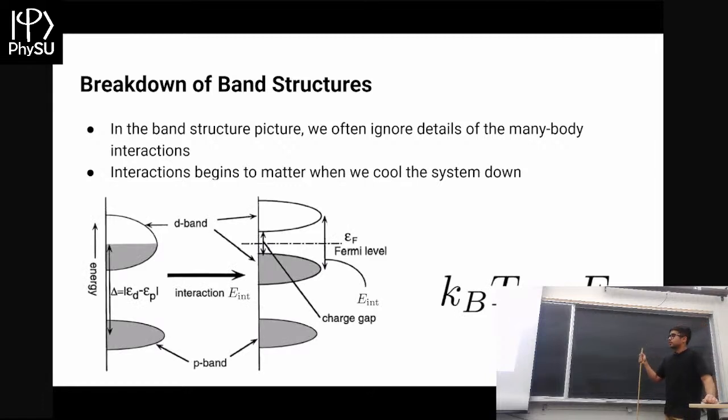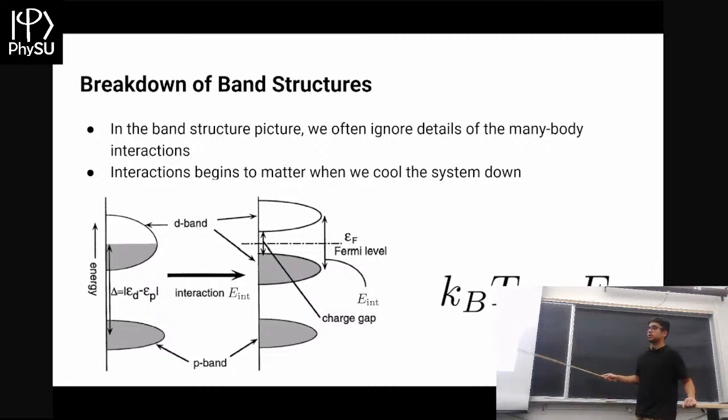So with this, as we strengthen these interactions in these systems, it turns out that these bands are not as useful as they initially were. When we're calculating these bands, we ignore a lot of the details just because it's really hard to actually consider them when you have like 10 to the 23 electrons. And so, as I said before, interactions really begin to matter when we cool down the system.